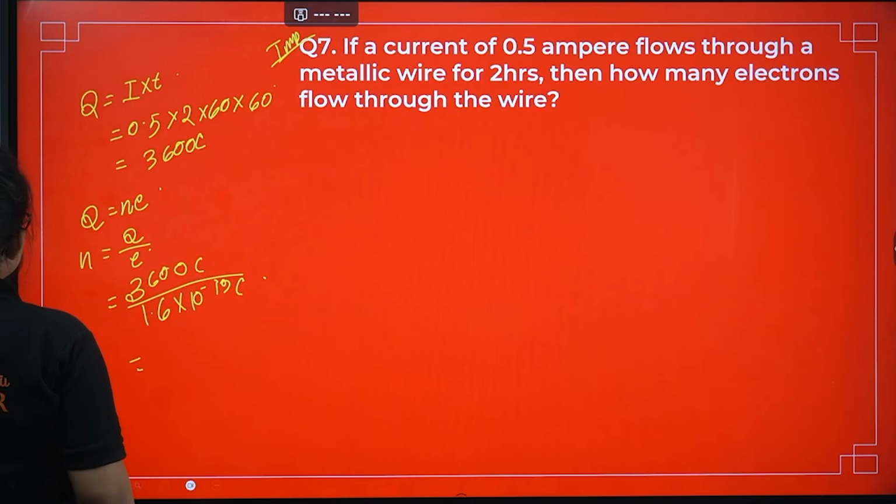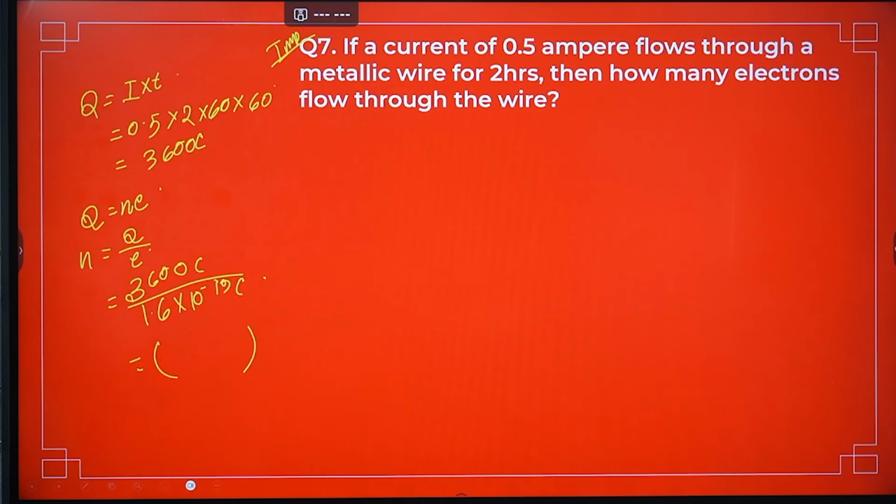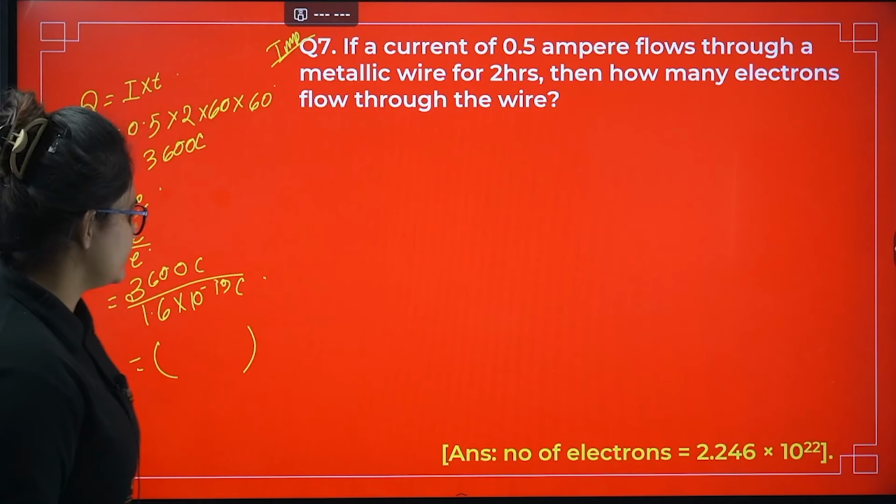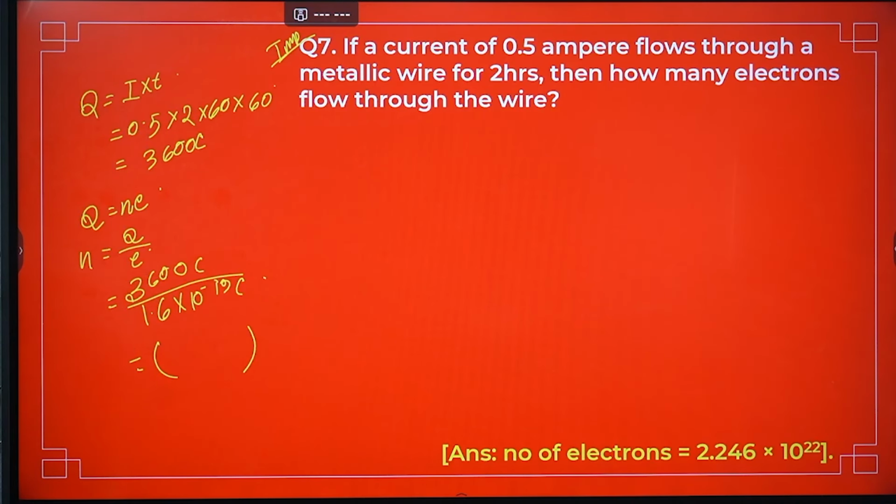If you calculate this, you will get the number of electrons: 2.246 into 10 power 22. I guess it is clear to you. Let's go ahead.